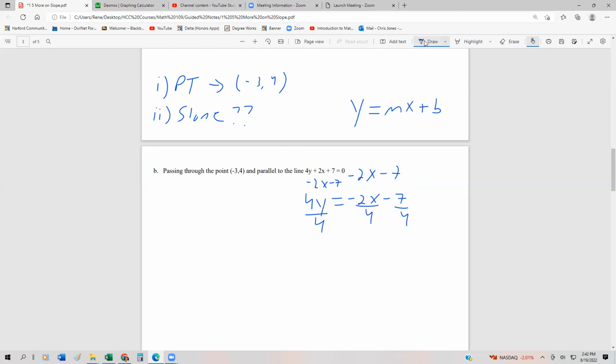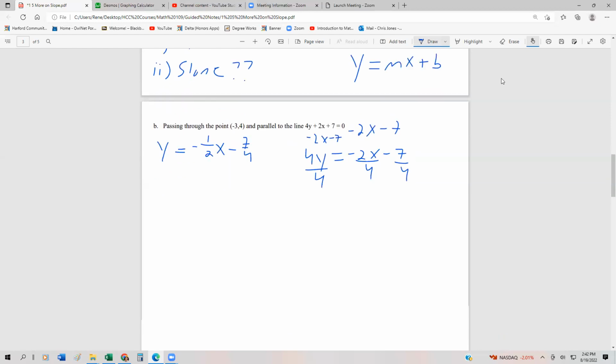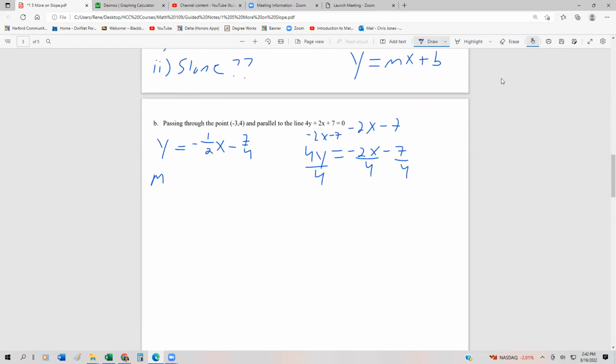And so now we get the equation y equals negative 2/4, or negative 1/2 x minus 7/4. Now, clearly we can see that the slope of this line is going to be negative 1/2 because it's the coefficient of the x. And not that we need it, but it never hurts to see that the y-intercept is negative 7/4.